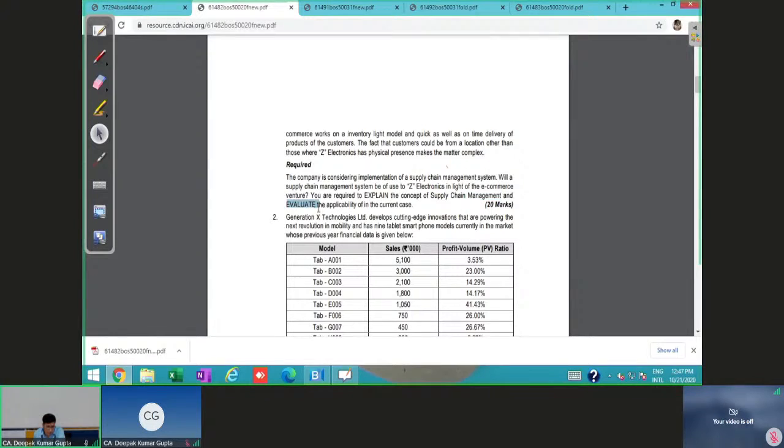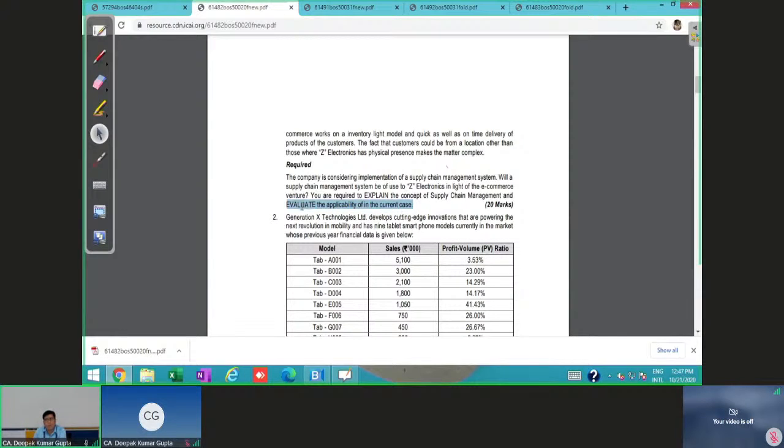Here you have to evaluate the applicability of supply chain management in the current case. Evaluate means you have to think about scenarios, whether you can implement supply chain management in an organization.